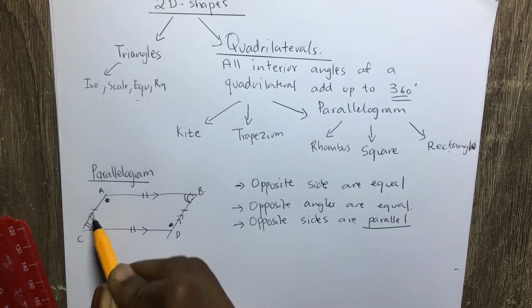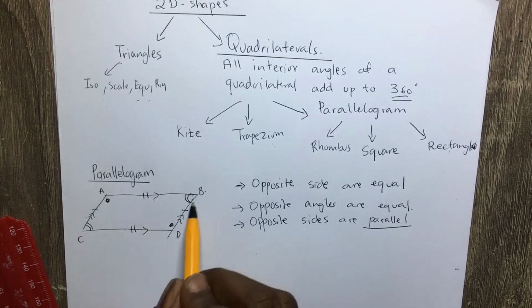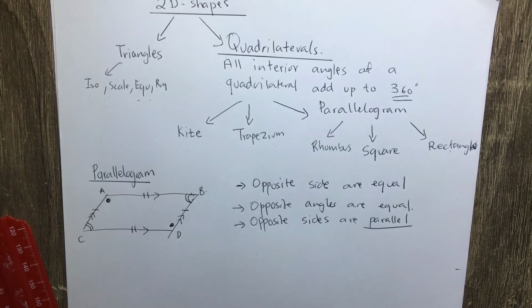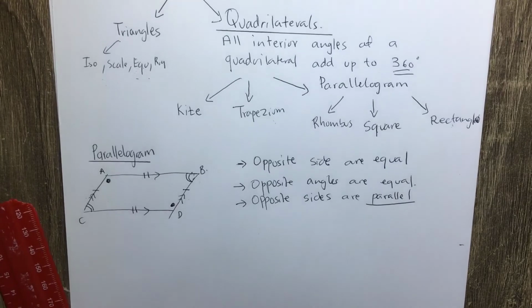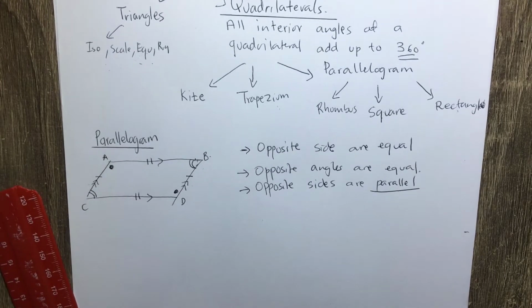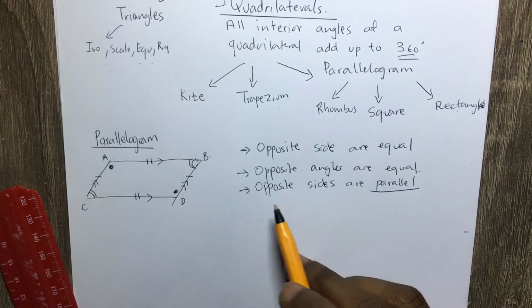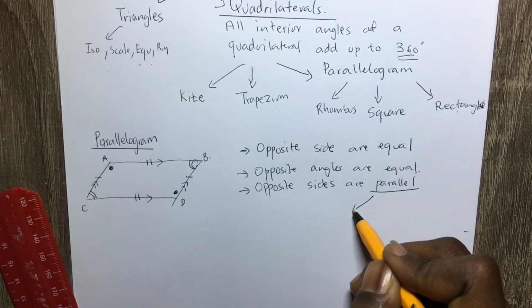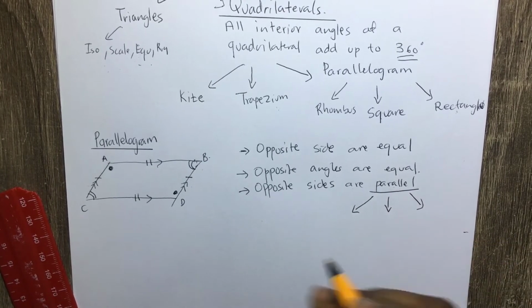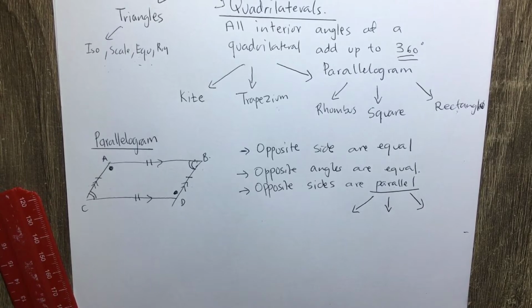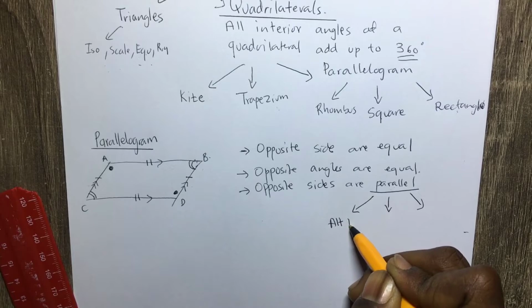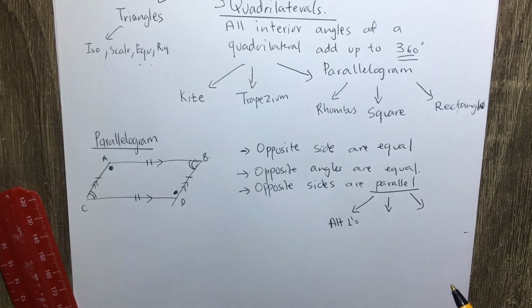I can make two arrows to show that AB is parallel to CD. Remember, by the word parallel, we mean they are the same distance apart from each other. The most important part is that when they tell you that opposite sides are parallel, we can apply the rules of parallel lines to calculate an angle in a parallelogram. The first rule that we know of parallel lines is that alternate angles are equal. We can apply that one.